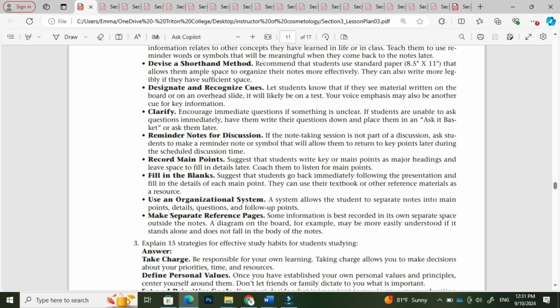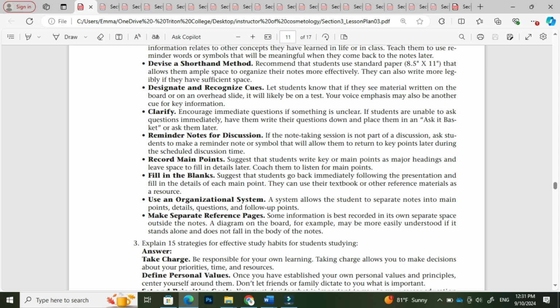If the note taking session is not part of the discussion, ask students to make a reminder note or symbol that will allow them to return to key points later during the scheduled discussion time.